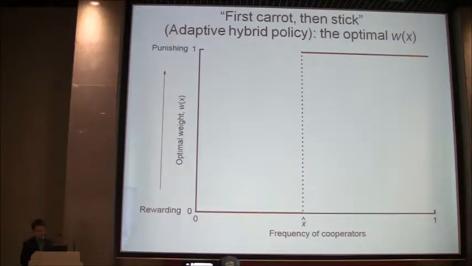So if the fraction of cooperators is less than the switching point, then we should choose rewarding. Otherwise, we should choose punishment. We directly call this proposed policy first carrot, then stick. And we also consider this an adaptive feedback function, so we also call it the adaptive hybrid policy.